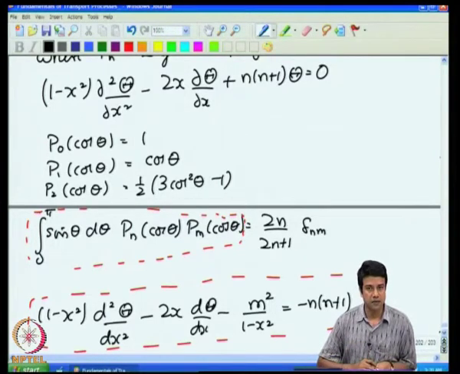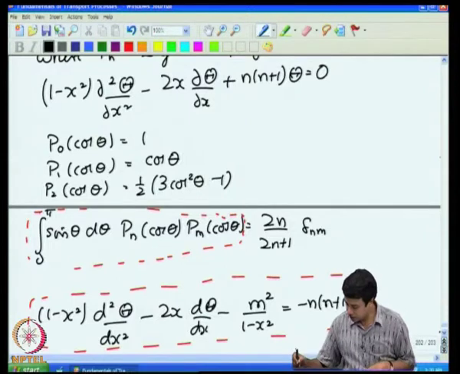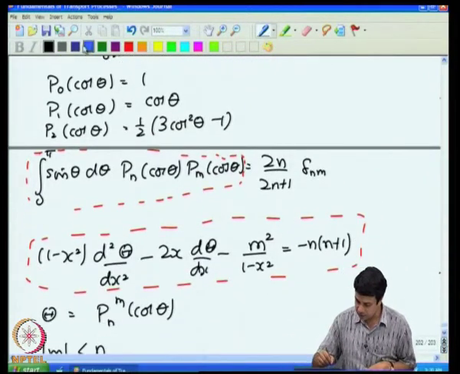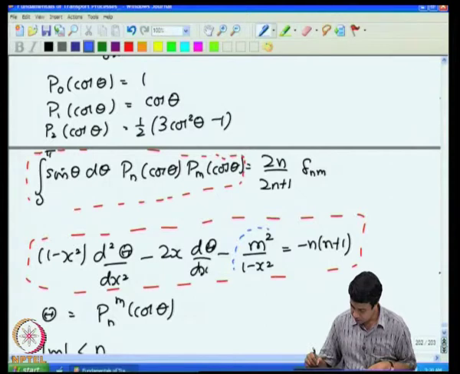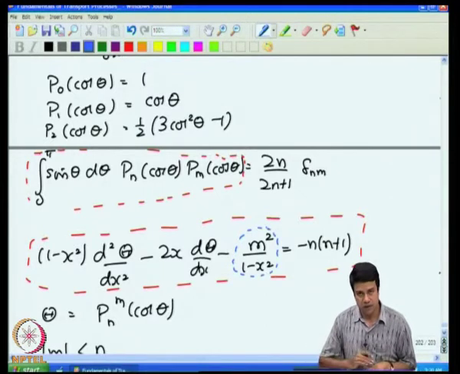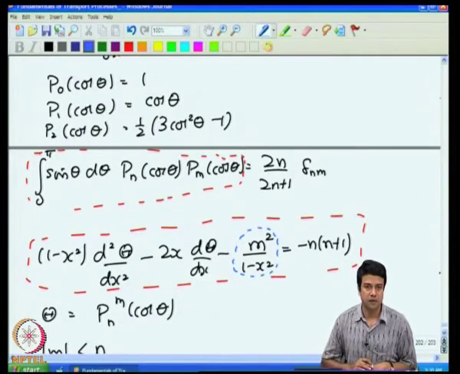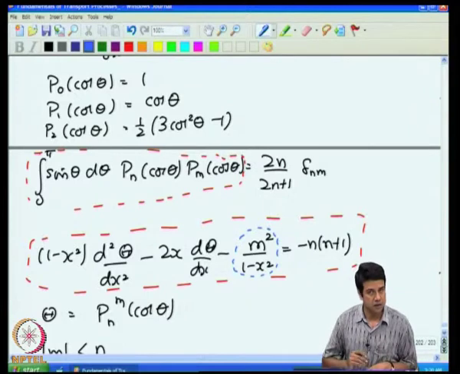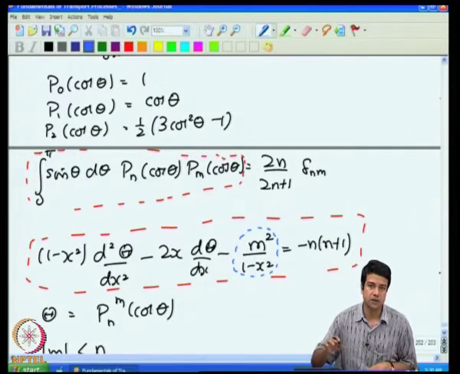The same thing carries over even when I have a non-zero value of m. Only thing is that there is an additional requirement. m has to be an integer, it can go from minus infinity to plus infinity. n has to be an integer, I showed you it has to go from 0 to infinity, because the series is only over positive values of n.